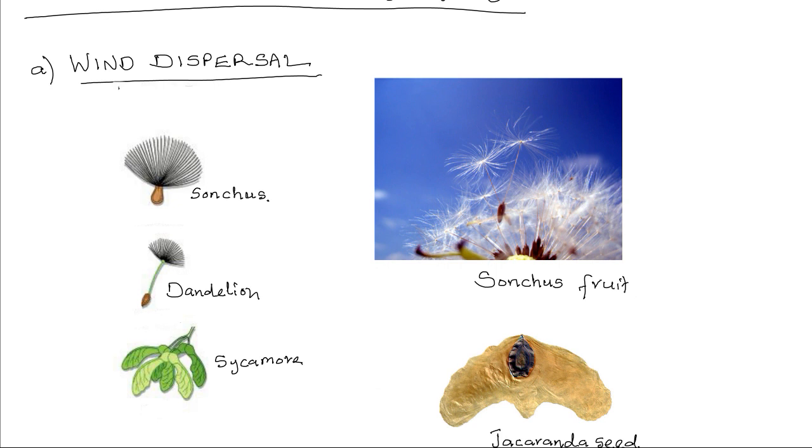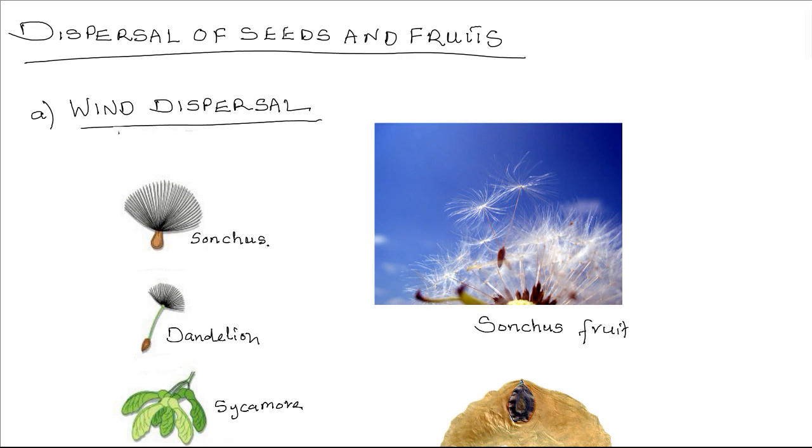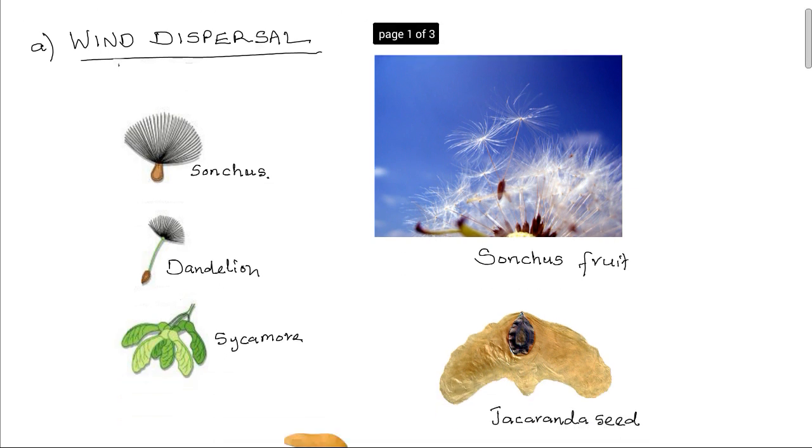The fruits or seeds that are dispersed by winds have the following characteristic features. Fruits, for example, may develop wings or parachutes, like in the sunkers. These are tufts of hairs.